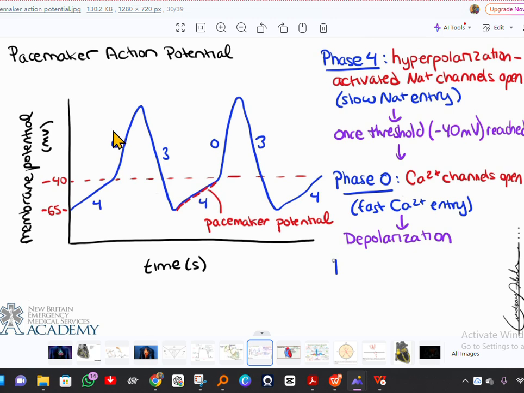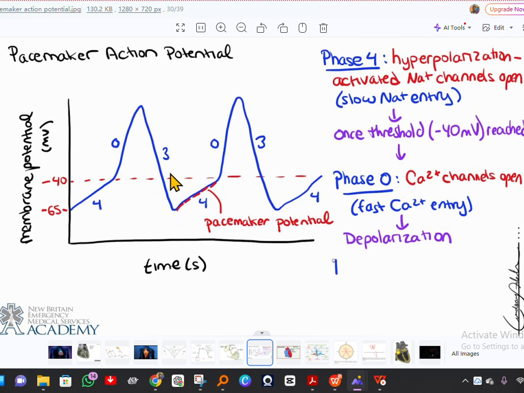So here at phase 0, this is when the impulse has been fired from the sinoatrial node. After this depolarization from entry of calcium ions, since these cells don't contract, the entry of calcium ions does not cause a plateau phase. It is short-lived.